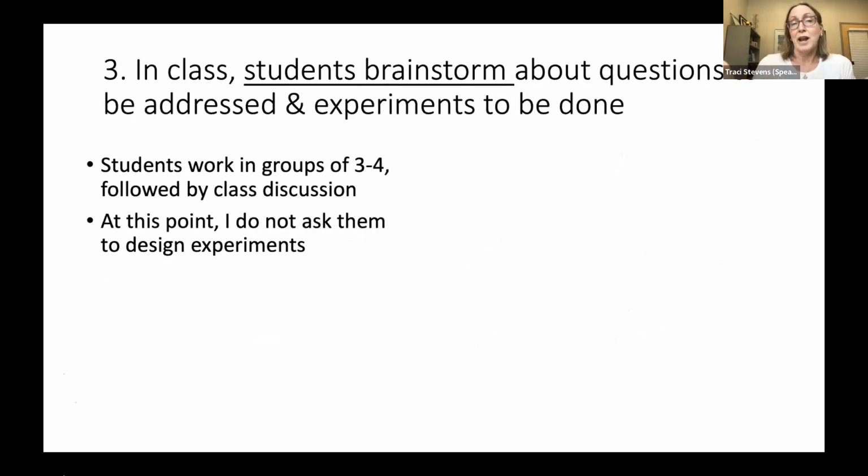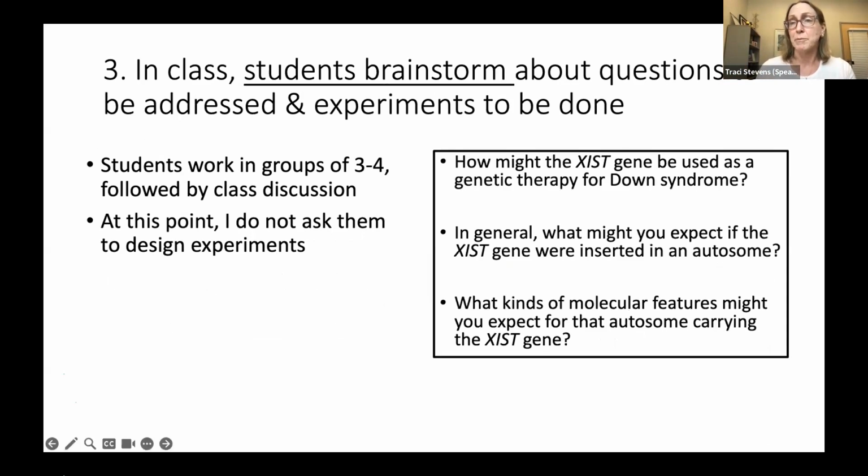So then this is when I put students to work brainstorming. They have the background. They usually work in small groups because that gets their brains flowing. And still at this point, I don't necessarily ask them to come up with particular experiments. And for this one, I actually give them some guided questions to work on. So this first question is thinking about putting these topics together.